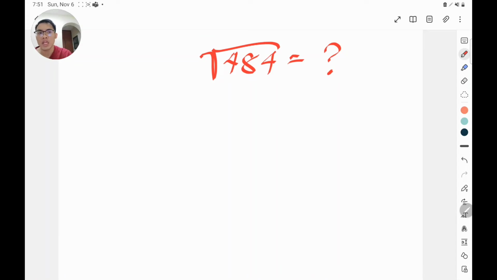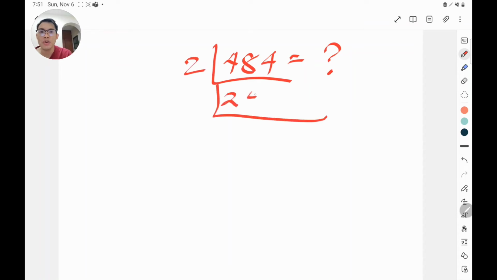All right, so we can divide 484 by 2, which is equal to 242. Since 242 is an even number again, we can just divide it by another 2, so that becomes 121.